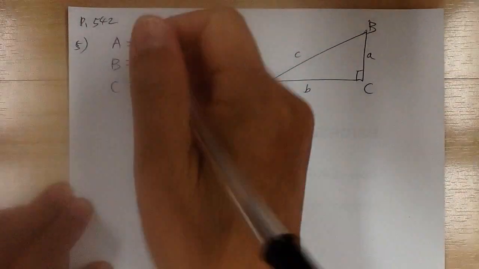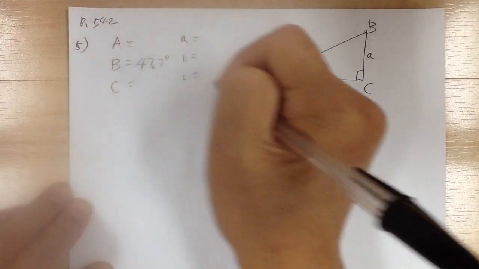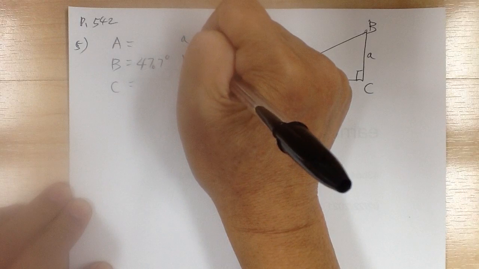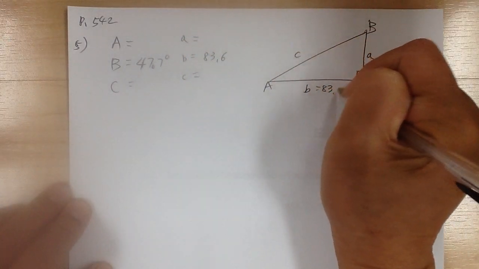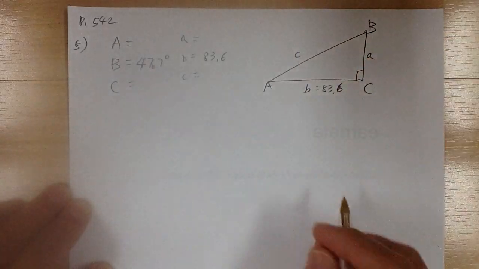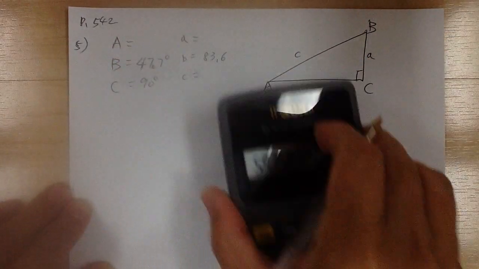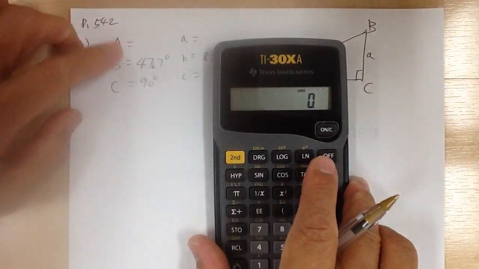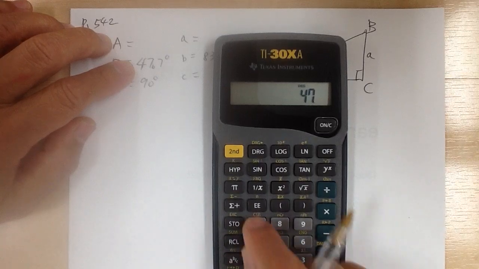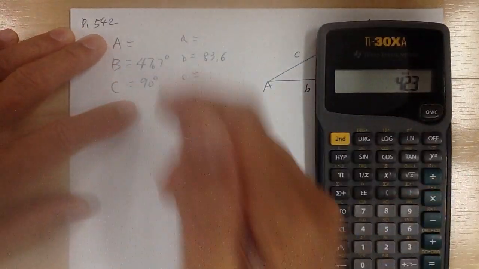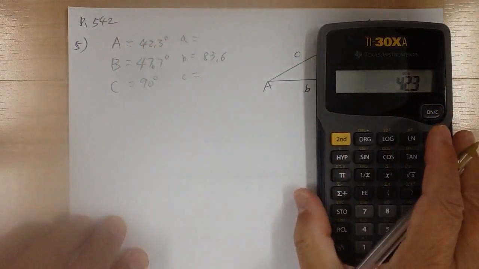Okay, so angle B is 47.7 degrees, and small b is 83.6. So again, angle C is going to be 90 degrees, and so we can find angle A. So A and B are complementary, so 90 minus 47.7 equals 42.3. Again, these two have to equal 90, right?